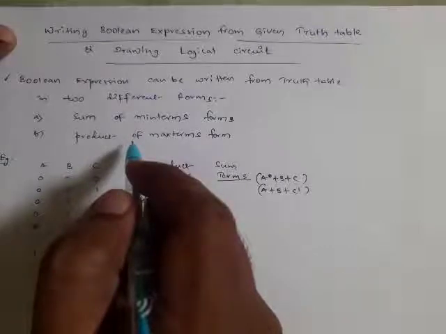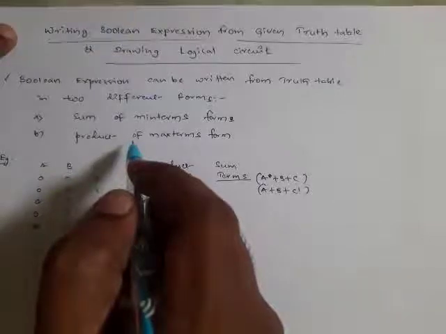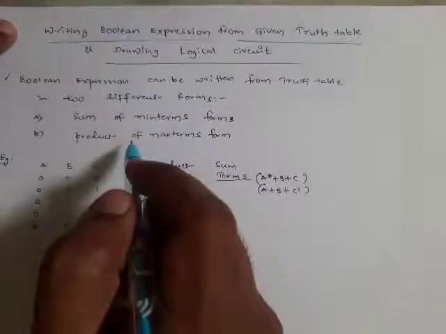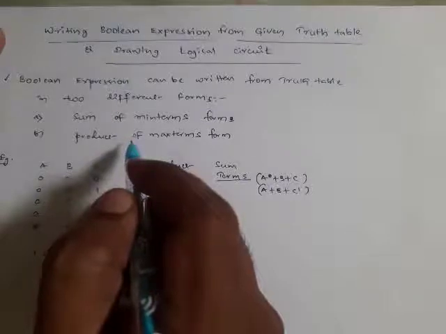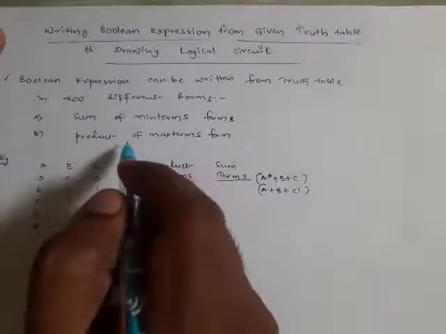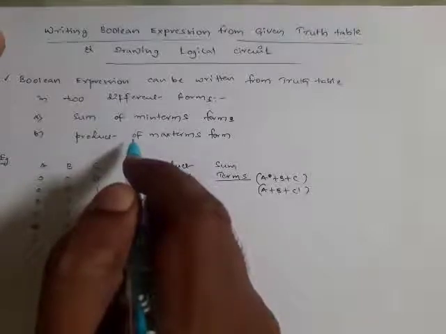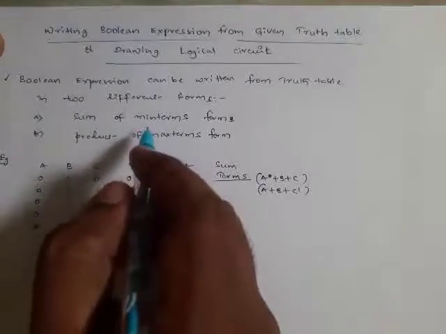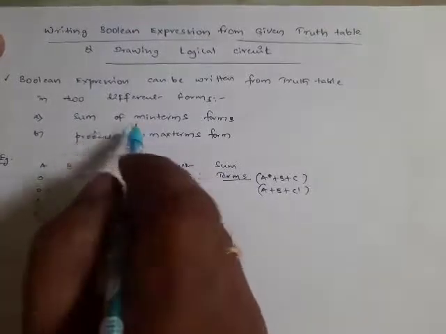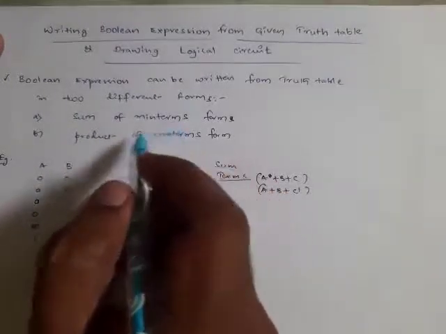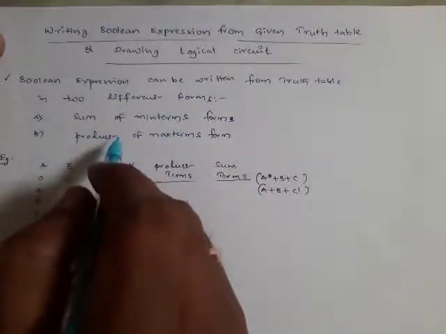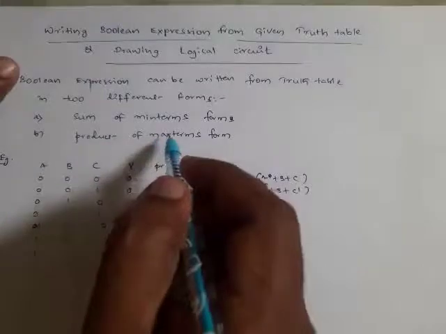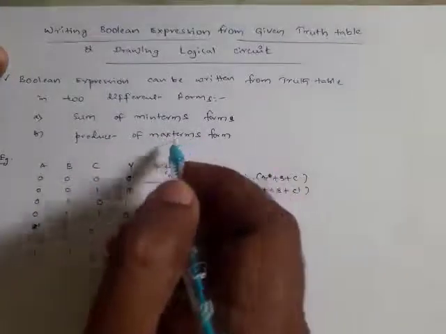In each of these forms, the variable may appear in its original form or in its complemented form. Next we'll discuss in detail how to write a Boolean expression from a given truth table, either in sum of products form, or sum of minterms form, or as product of maxterms form, or product of sum terms form.